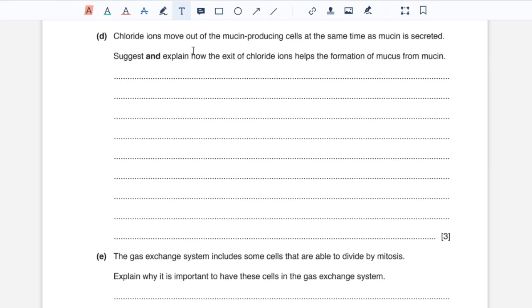When chloride ions move out of the cell, the water potential outside of the cell decreases, as a result of which water moves out of the cell and enters mucin to form mucus.